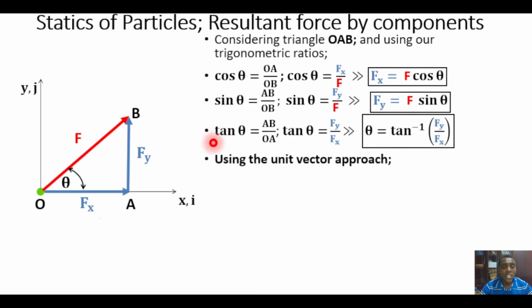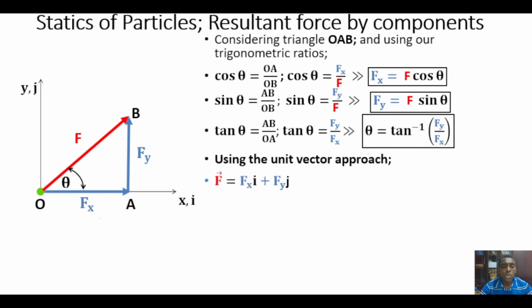Alright, so lastly, with the trigonometric ratios, tan theta will be AB on OA, which is opposite on adjacent, and so tan theta is nothing but Fy on Fx. Right, if tan theta is Fy on Fx, taking tan inverse of both sides, then I can say that theta equals tan inverse of Fy on Fx.